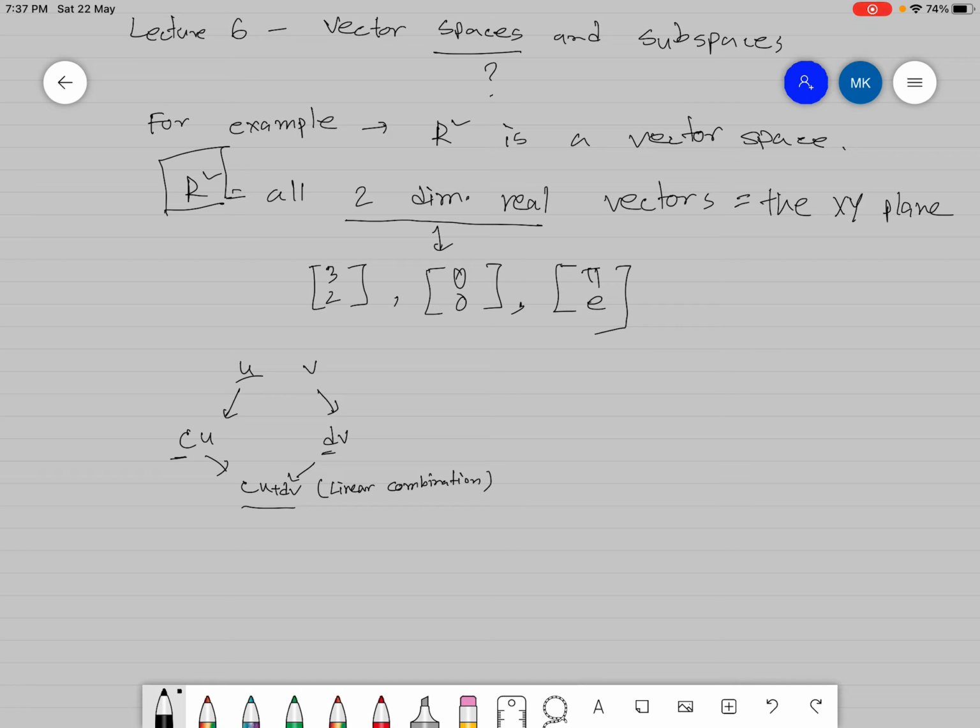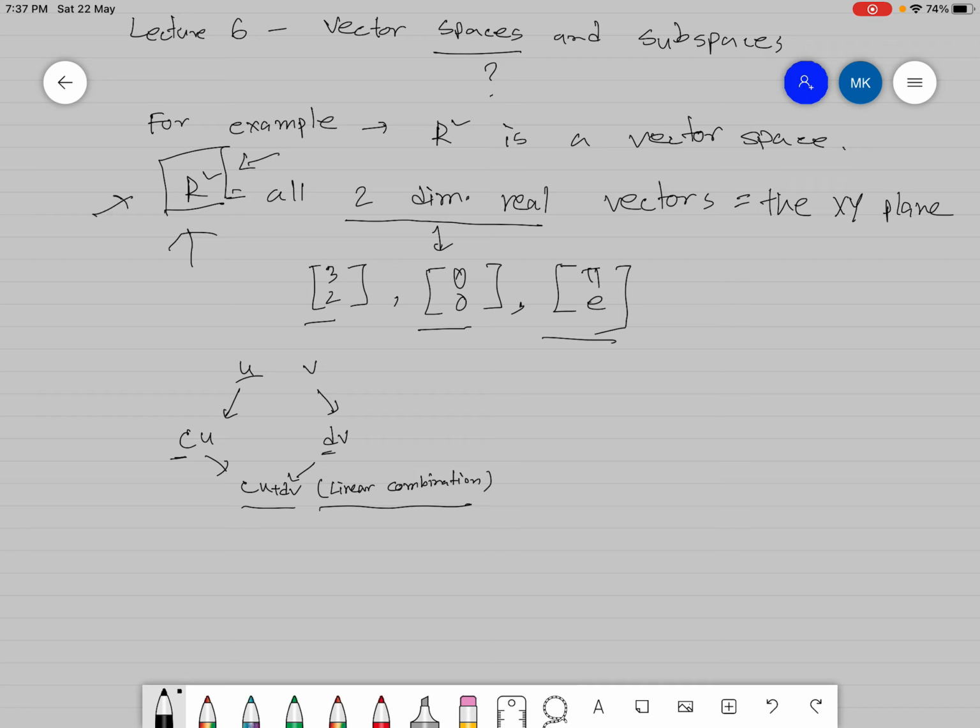That means if I take any two vectors from the vector space R2, and if we take any linear combination, then that linear combination should be inside that vector space as well. Only then should this be called a vector space.